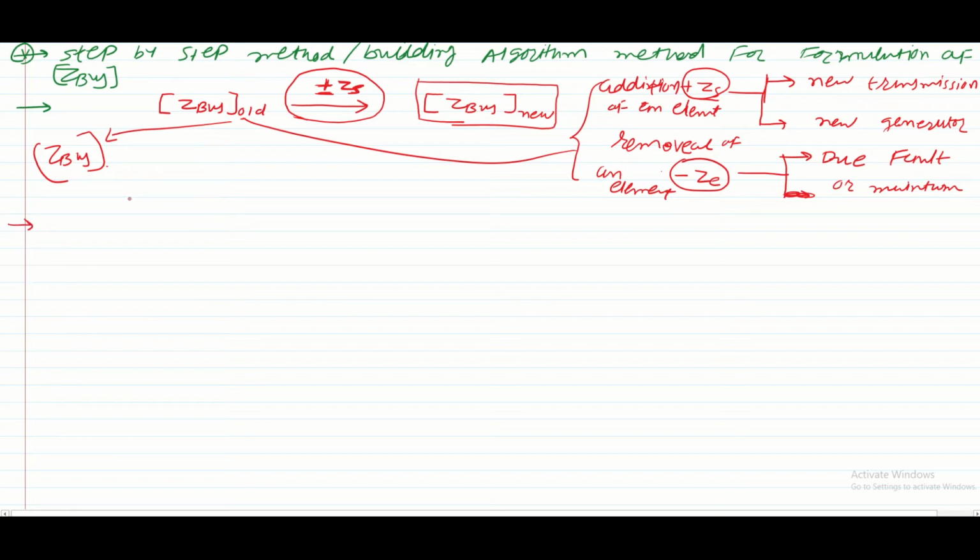After addition or removal of any element, what will be your new matrix? We will calculate or analyze it using this step-by-step method, or I can say building algorithm method.